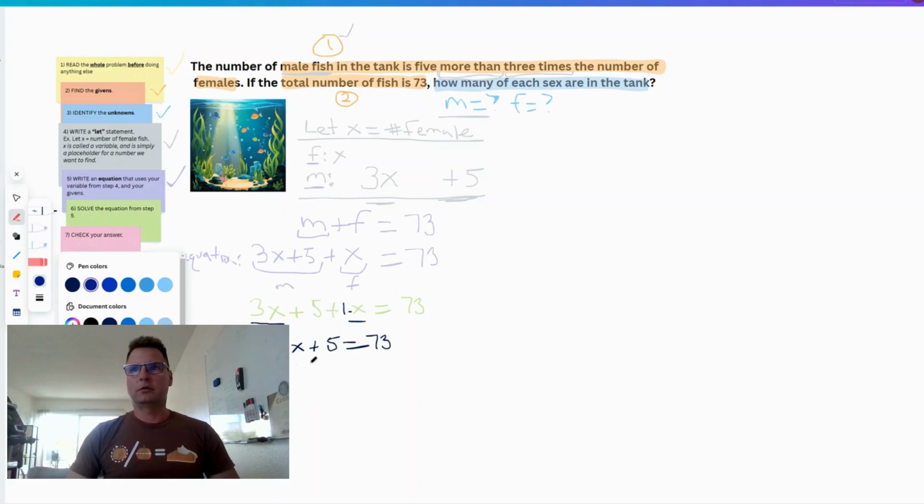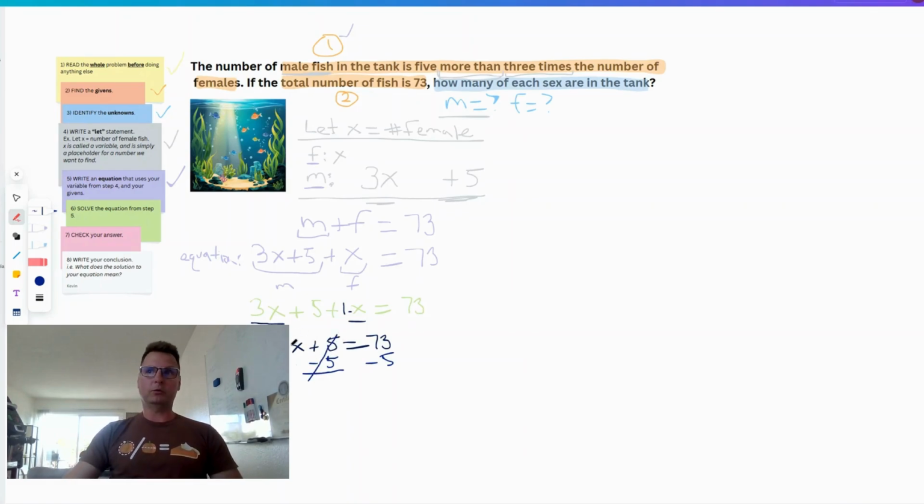Now what? We want to get x by itself, right? So to cancel out a plus 5, let's do a minus 5 to get this out of here and get our x by itself, because that's eventually what we want to do, is get x all by itself. So you can check my math here, but 73 minus 5 is 68, right?